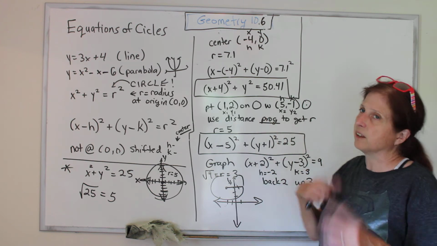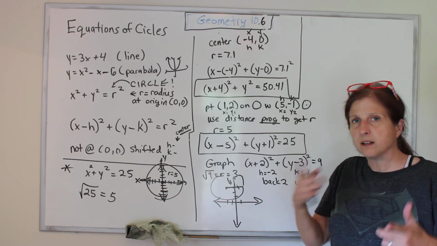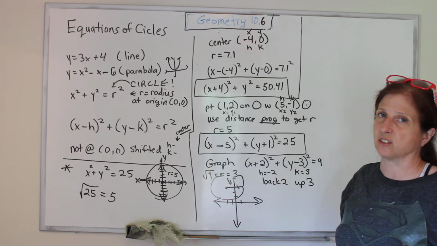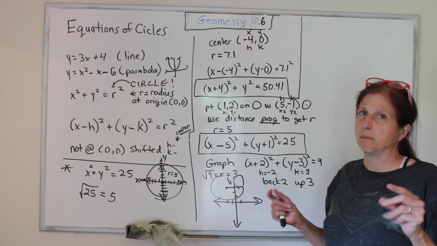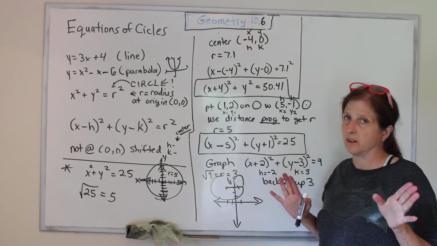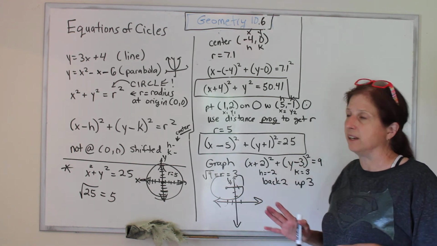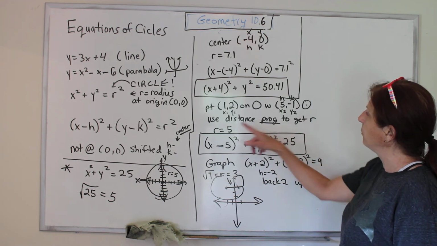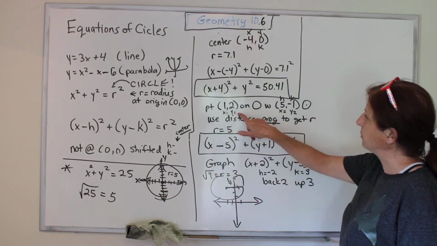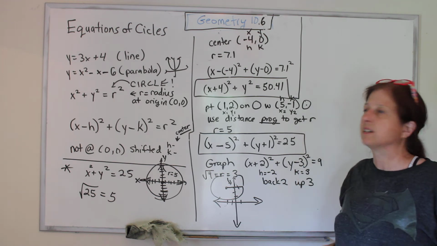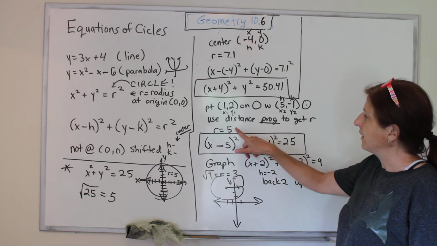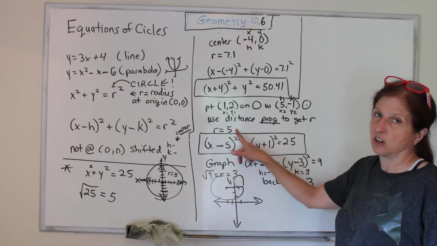So I want y'all to get where you do these programs so you can do this stuff faster. Because now they expect you to do math really fast. It's not just about accuracy, it's about speed also. Okay, so we put these in. This is x1, y1, x2, y2. We put it in our distance program. We hit enter, and they tell us the distance is 5. That's our radius.